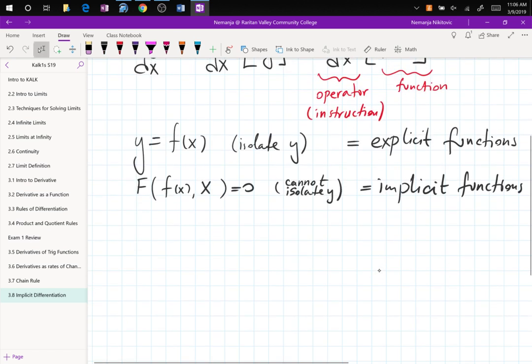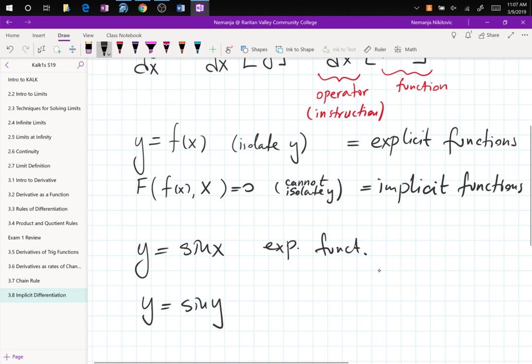Let me give you an example. y equals sine x is an explicit function. You see that y is on one side and x is on the other side. It's a single y, so we're all good. You know it's going to pass the vertical line test and all of those things. But then we say y equals sine y minus x.